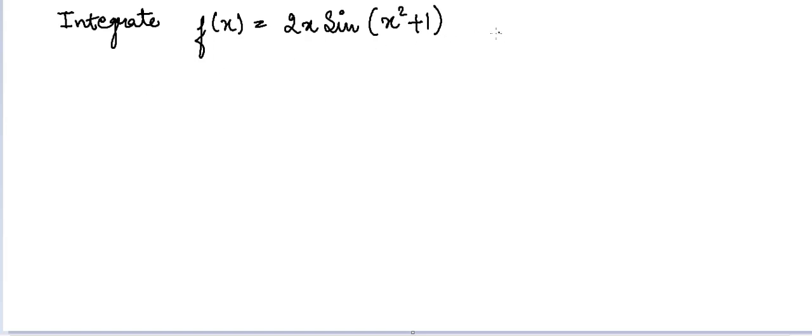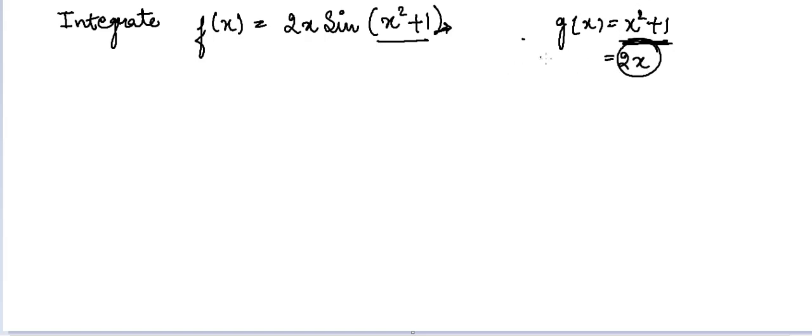Now how will you see whether you are going to do the substitution or not? See, this is a function within a function itself. This can be represented as a different function, g(x) = x square plus 1. Now if you differentiate this, you will get 2x.